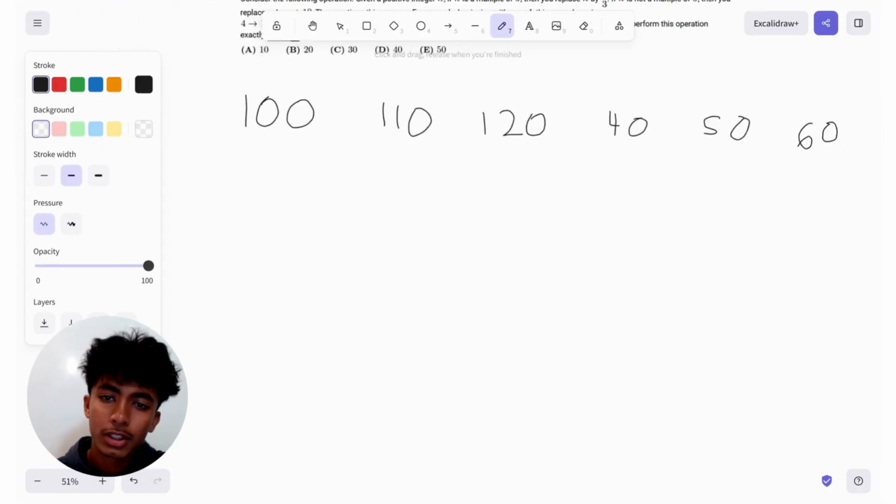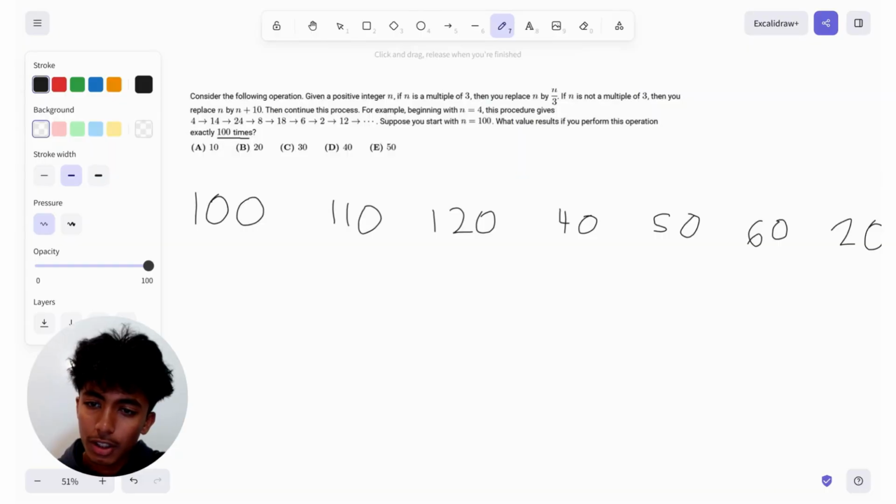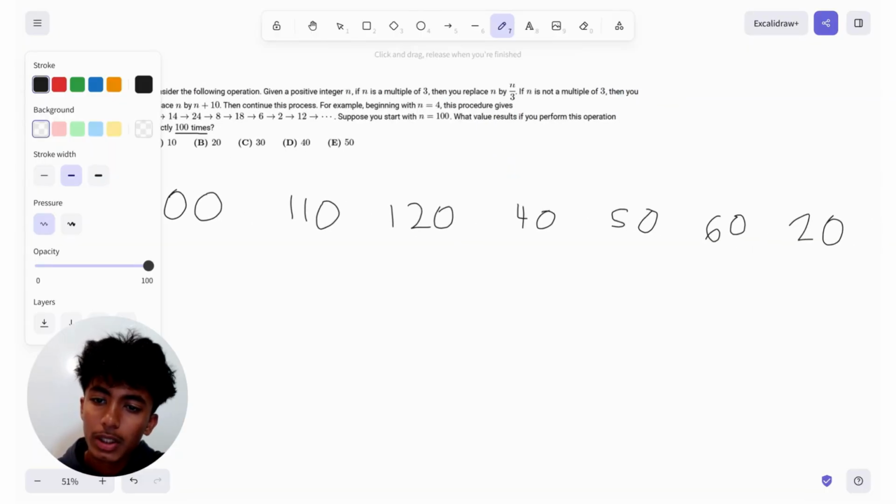So now to determine where in this loop the number 100 comes from, we can test.